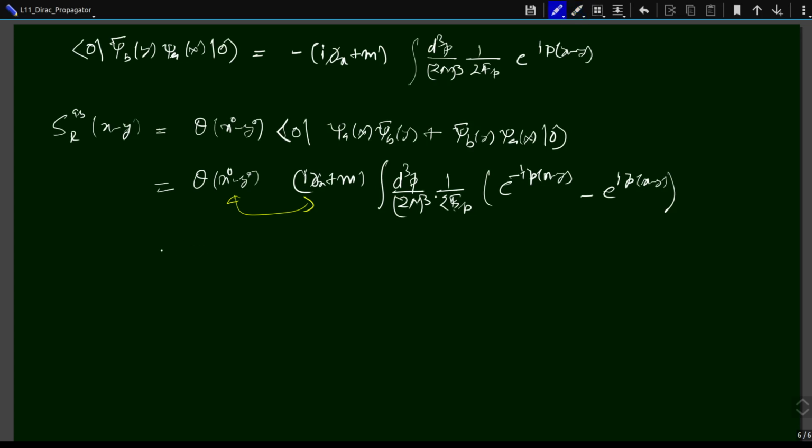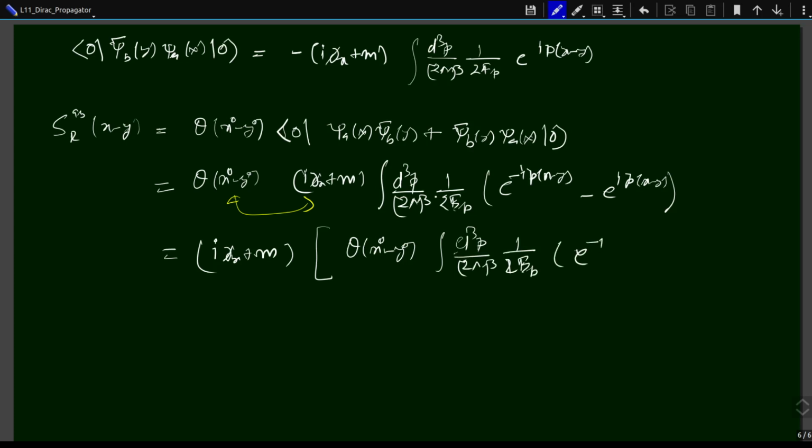So basically I can commute these two guys, and write this as i del x slash plus m acting on theta of x naught minus y naught times the integral d3p by 2 pi cubed, 1 by 2 E_p, of exponential minus i p dot (x minus y) minus exponential i p dot (x minus y).